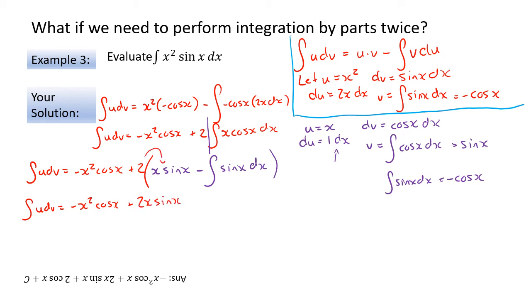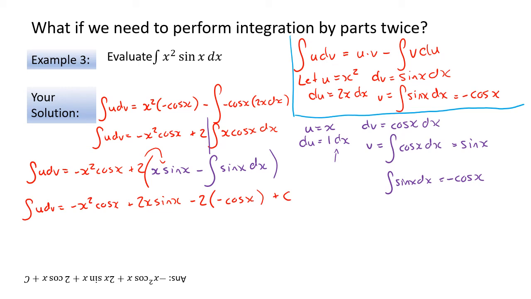Okay, so that's this term here, multiplied by the 2. Minus, again, multiplying the 2 in, 2 times this integral, which is negative cosine of x. Okay, then at the end of this, again, we add the constant.